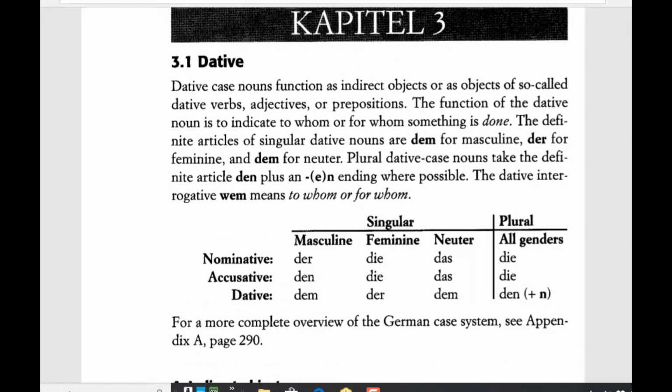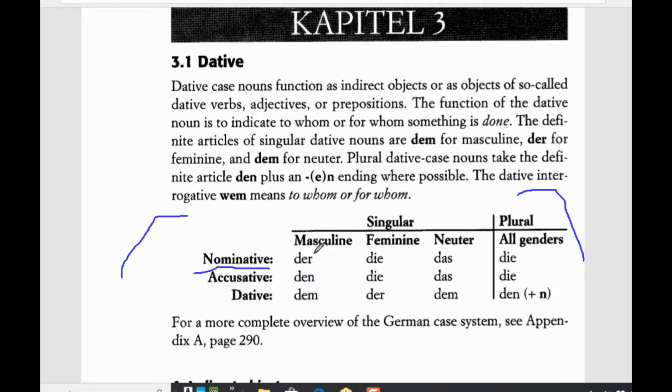So we had the nominative and the accusative so far. You have the nominative case, so the definite articles are der, die, das, and then the plural is die. And this just means it's the subject of the sentence.